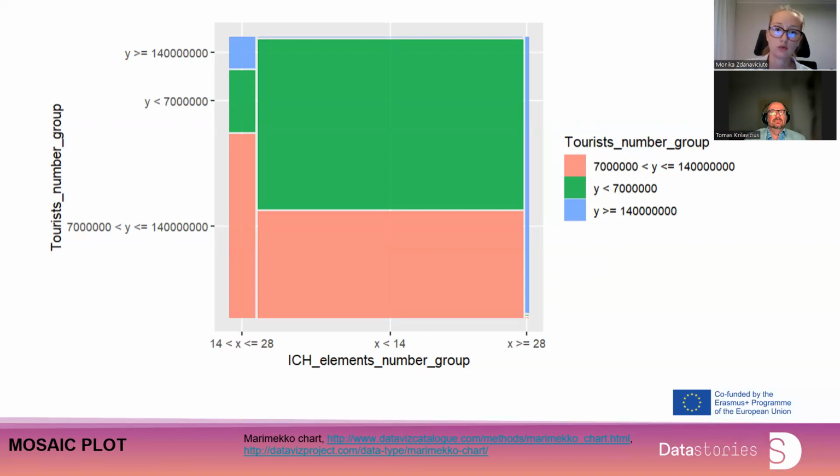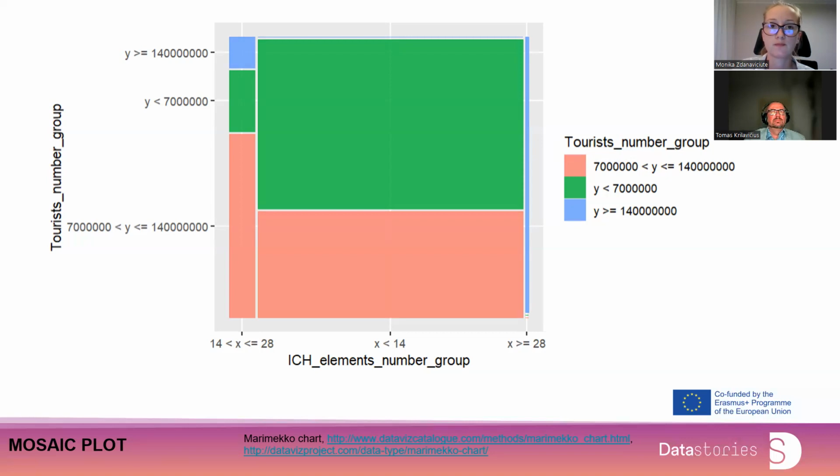In this group where countries have less than 14 ICH elements, the biggest group of countries has more than 7 million tourists, with tourist numbers between 7 million and 14 million.